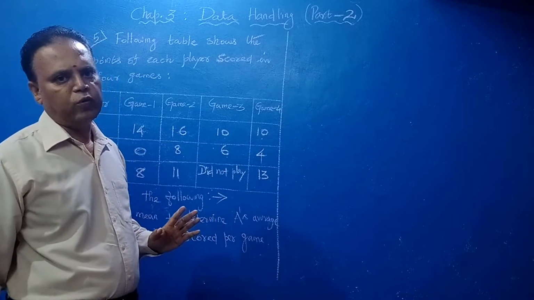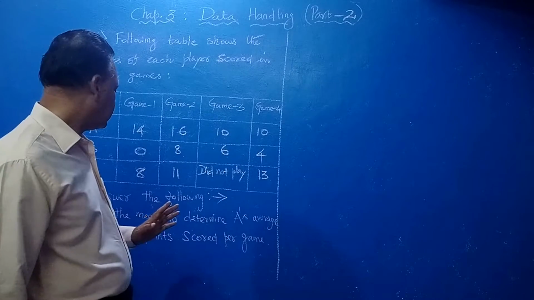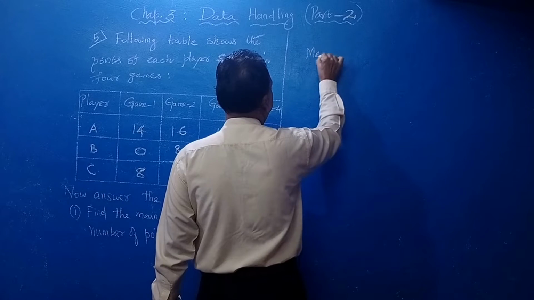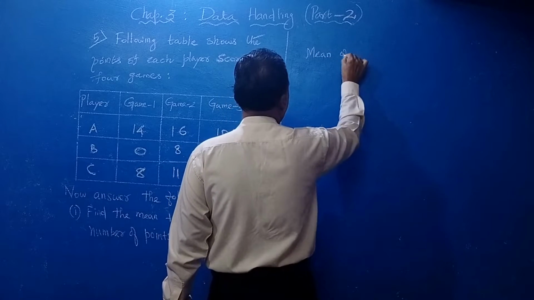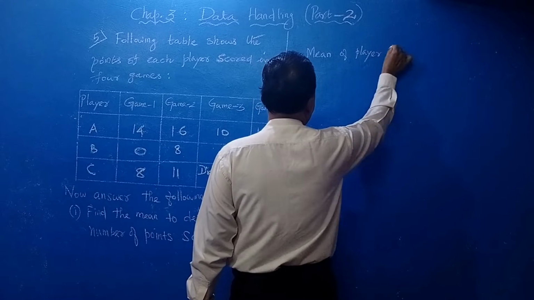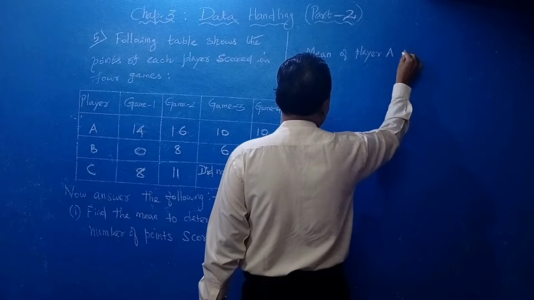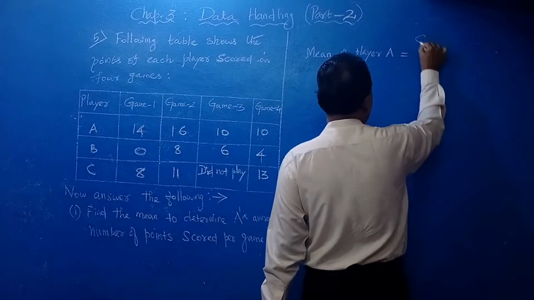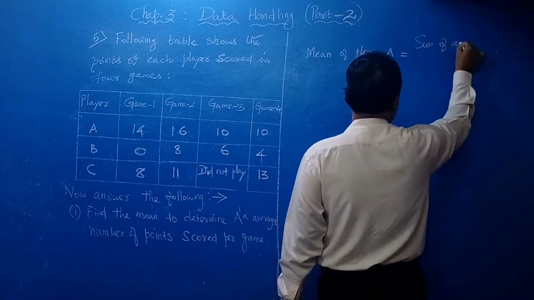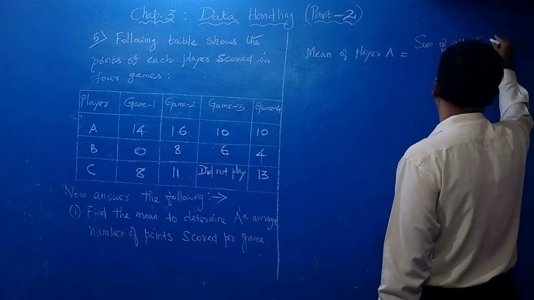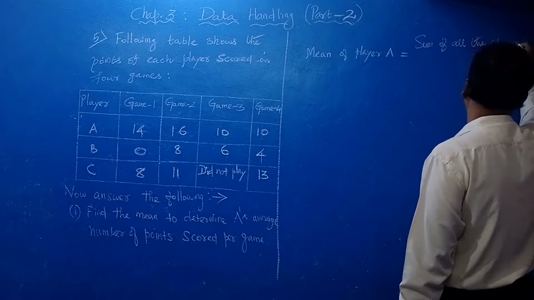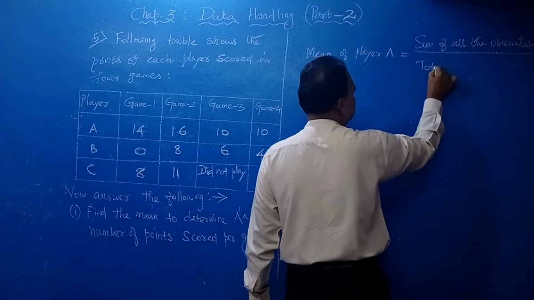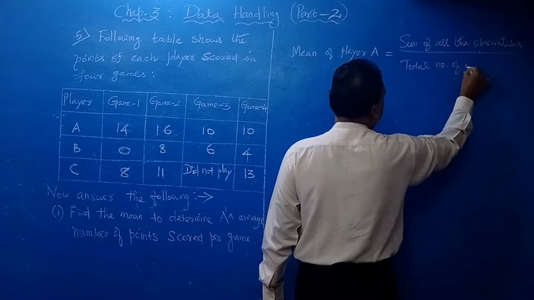Clear? Therefore, the average or mean of player A is equal to, write the formula first: sum of all observations divided by total number of observations.